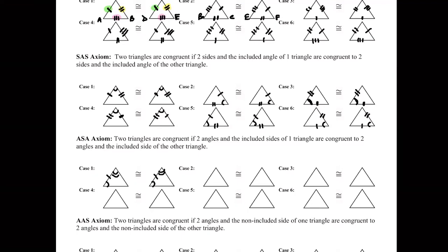But maybe it's this pair of corresponding congruent angles with the included side, or maybe it's this pair of corresponding congruent angles with the included side. Or take all those and flip the order.